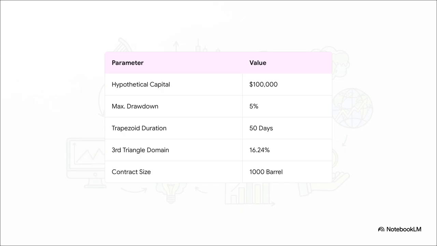The entire model is built on a very specific set of risk parameters. For this case study, everything is based on a hypothetical capital of $100,000, with a really strict maximum allowed drawdown of just 5%. You'll also see other parameters that are part of the model, like the trapezoid time duration and third triangle domain. The main takeaway is that this whole framework is set in stone before the cycle even begins.